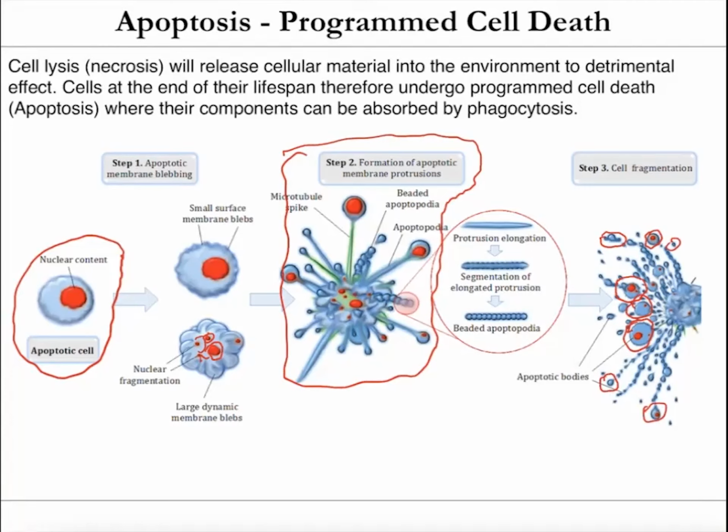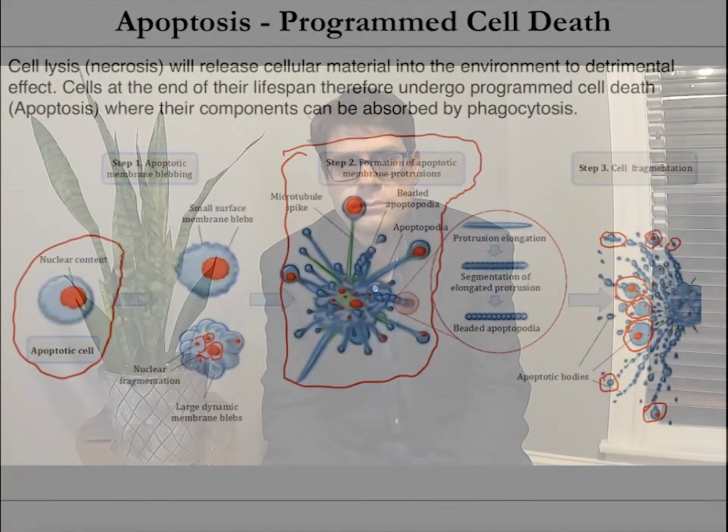These blebs, or apoptotic bodies as they're called, can be phagocytosed by other cells, and then the components, the building blocks, can be used by other cells. So apoptosis is a preferable way. It's the way your cells are supposed to die when they've reached the end of their lifespan, rather than necrosis.